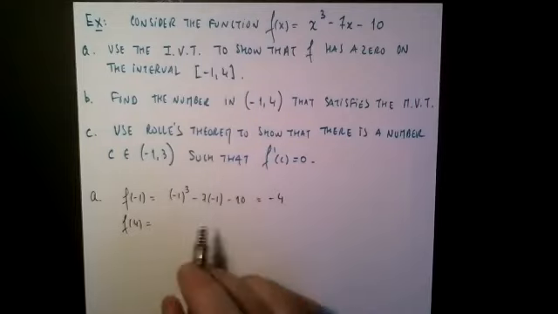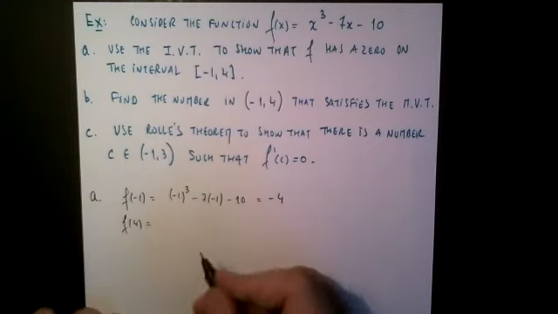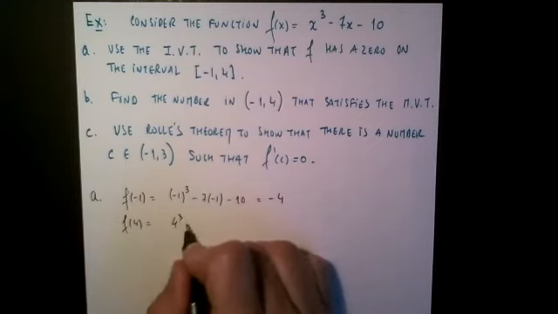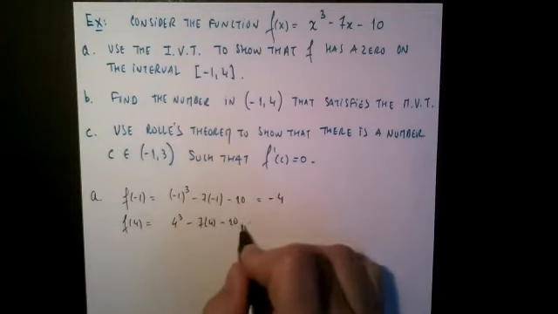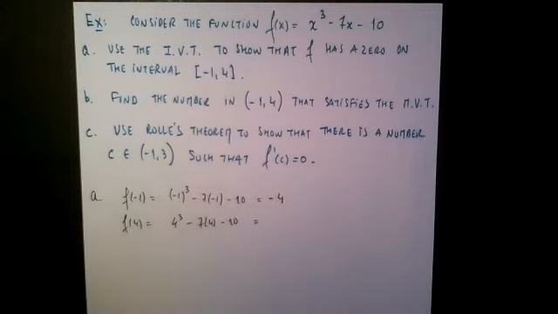And f of 4 is 4 cubed minus 7 times 4 minus 10.